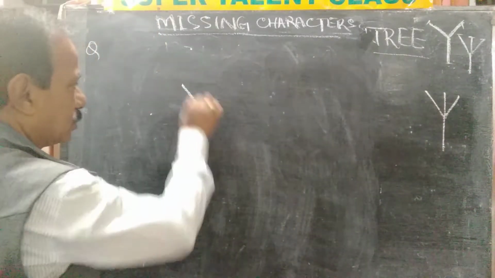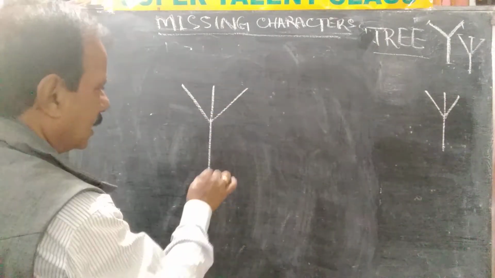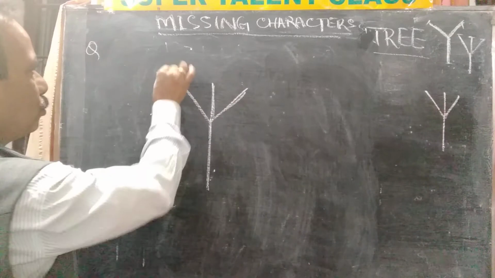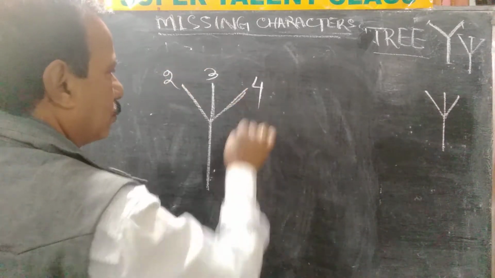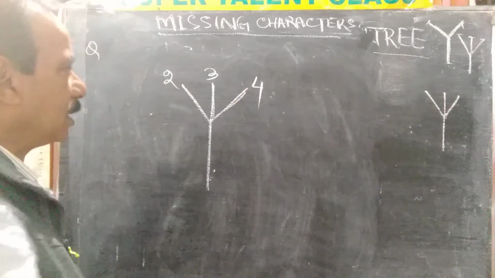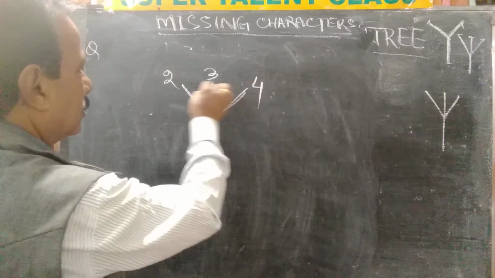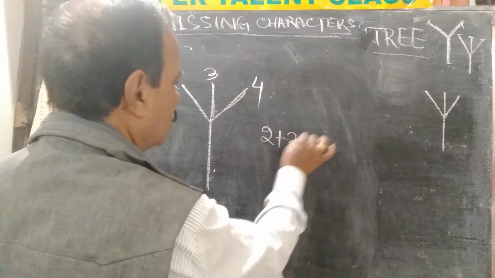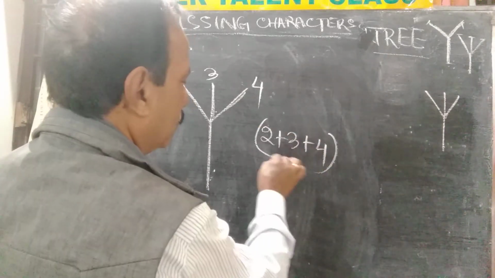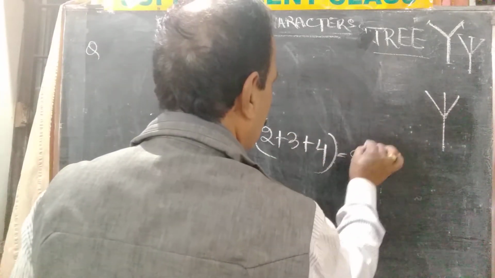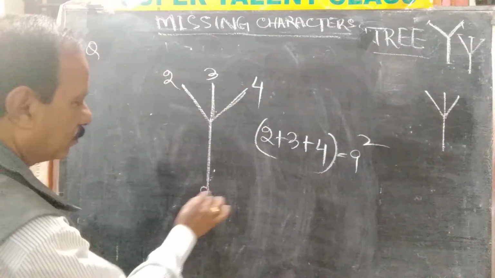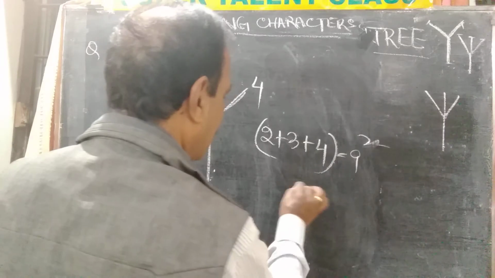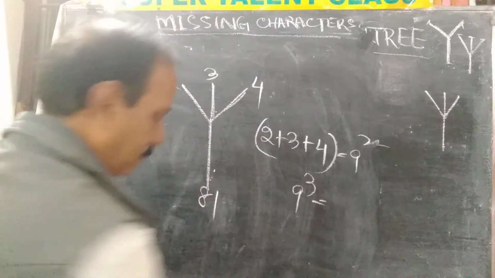Suppose one question you see. Suppose that is 2 3 4. Simple question you see. 2 3 4 का क्या हुआ? Suppose 2 3 4, देखो that is 9 का स्क्वायर दे सकता है 81. 9 का क्यूब भी हो सकता है.